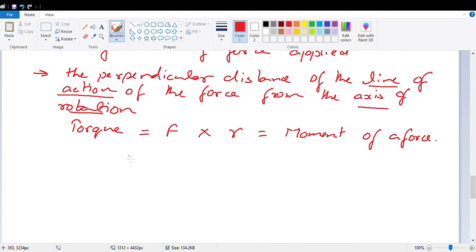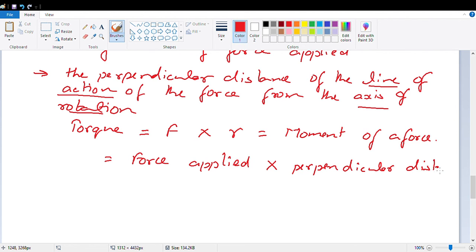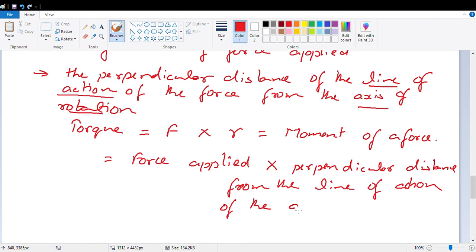How to write it in words? Force applied multiplied by perpendicular distance from the line of action to the axis of rotation.